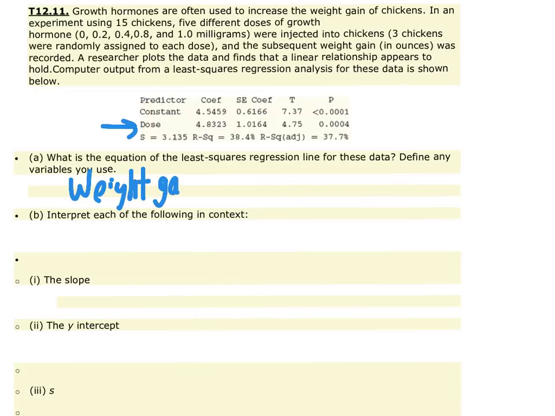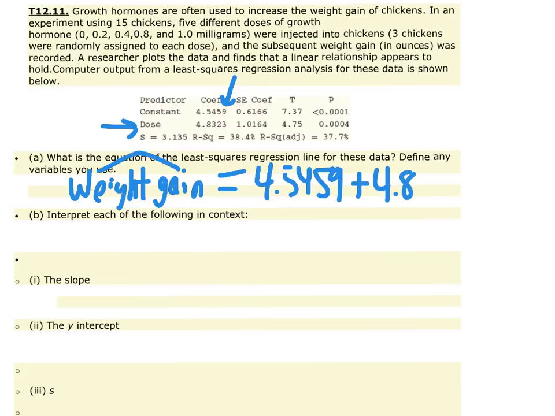And this is a prediction, so do not forget your hat on that, is equal to the y-intercept, or the constant value, which is 4.5459. And the slope is positive, so positive 4.8323. And I'm just going to put in here the dose. If you choose to use x and y, that's fine. If you say this is x and that's y hat, make sure you just define the variables on the side.